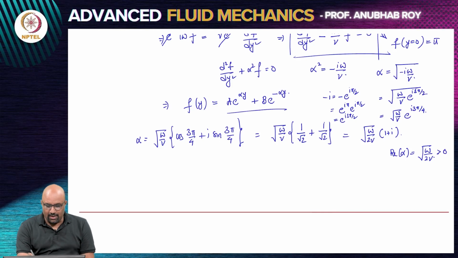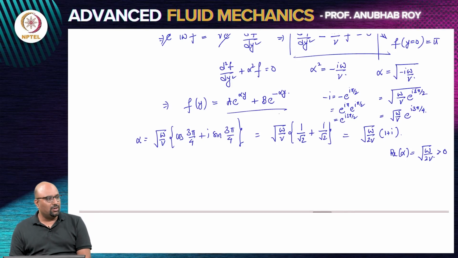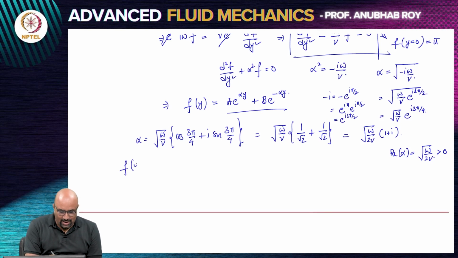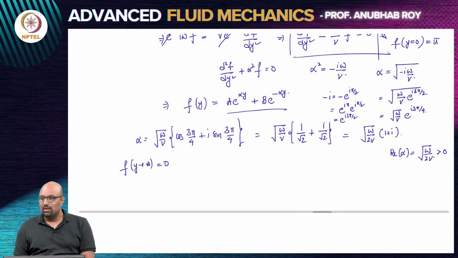Now, you can comment on the fact that of the two homogeneous solutions that are there, which one is going to satisfy the far field boundary condition? The far field boundary condition is f as y goes to infinity will go to 0. Now, this one is an exponential which has a growing part.